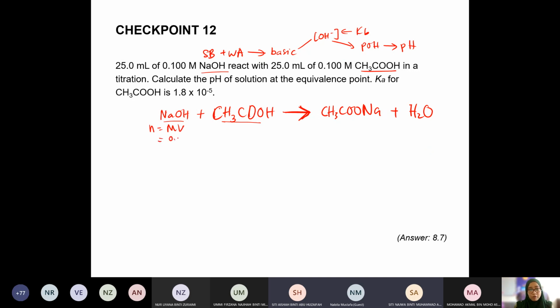M is 0.1 molar, okay, mole per liter times 25 mL, 25 times 10 to the power of negative 3 liter. Okay, liter. Okay, berapa ya? Boleh tekan kalkulator? What's the value for that one?